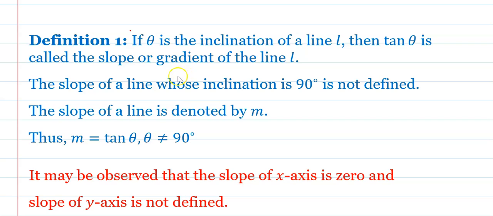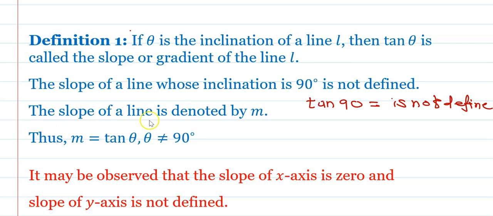The slope of a line whose inclination is 90 is not defined. What about the tan of 90? Tan 90 is not defined. And therefore the slope of a line whose inclination is 90 is not defined.